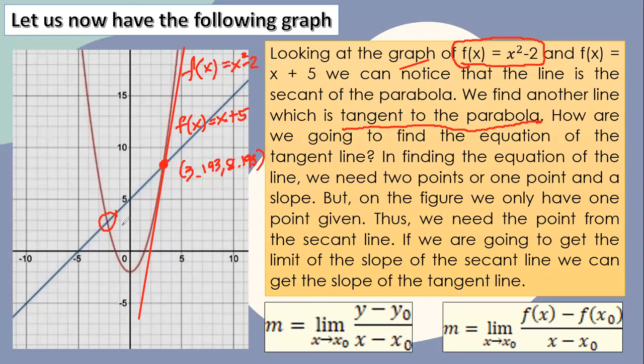So magde-define tayo na isa pang point, okay, on our secant line. And if we are going to get the limit of the slope of the secant line, we can get the slope of the tangent line. Okay? So ipapakita ko sa inyo using the Desmos.